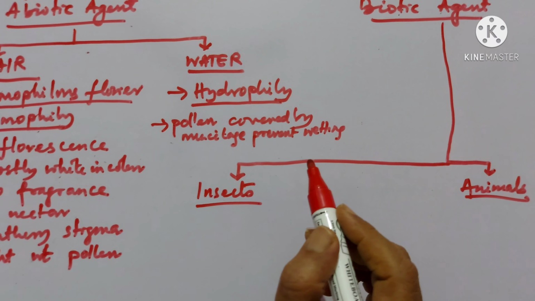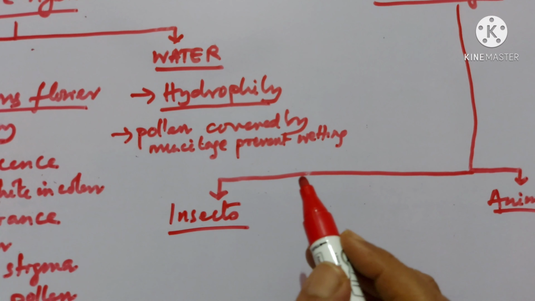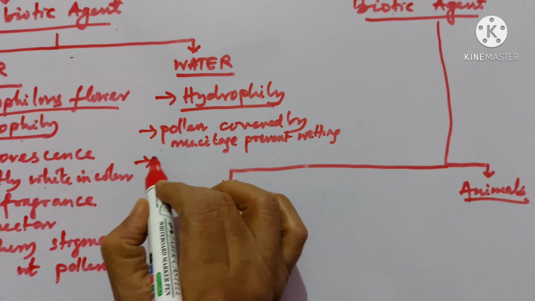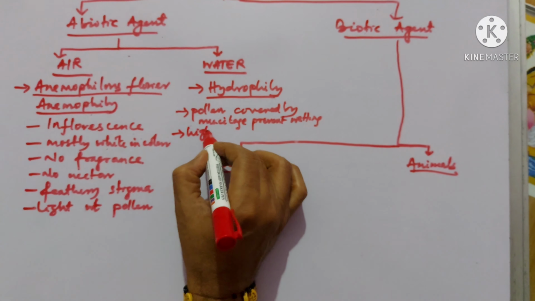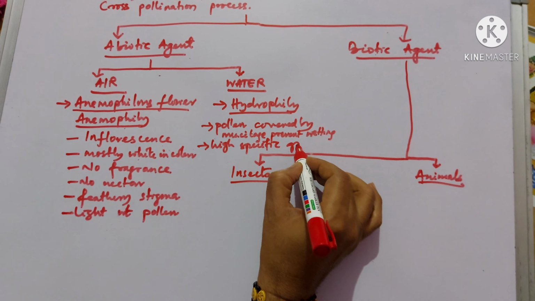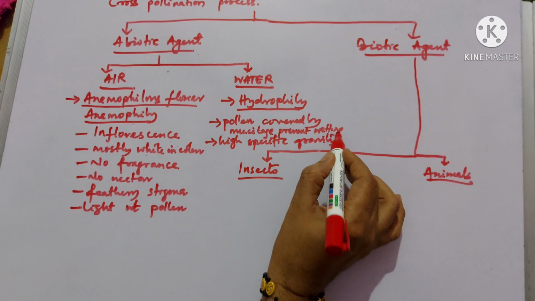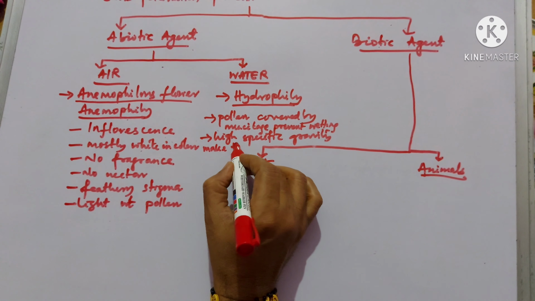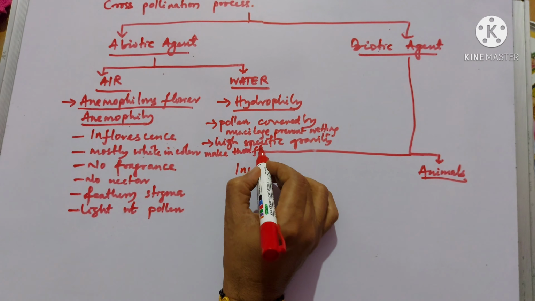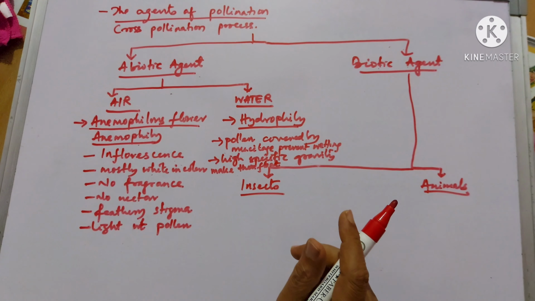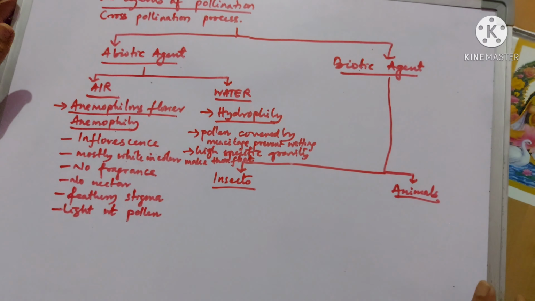If they become wet, they will settle down to the bottom, since they have high specific gravity. The mucilage makes them float. So these are hydrophilous flowers.